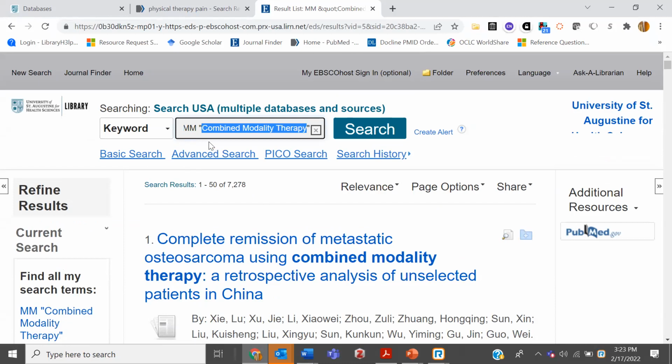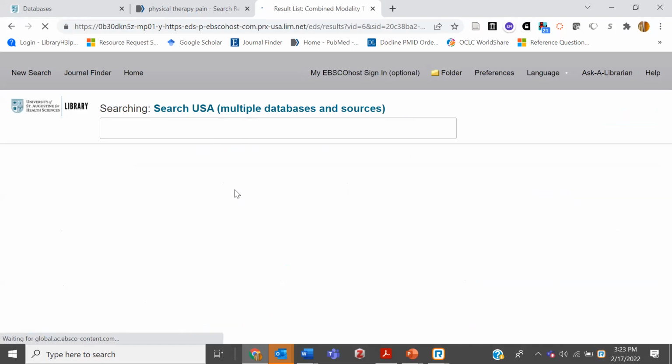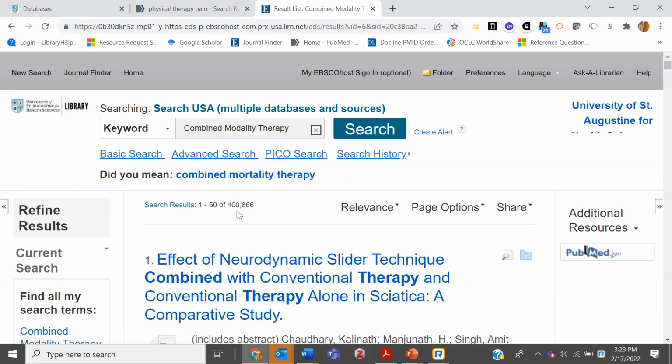So just to contrast that, with that subject heading and that phrase, we've got some 7,000 results, right? If I were to cut out those keywords and do the same search where I'm not specifying that I'm looking at those subject headings specifically, that was the MM and the quotation marks, I can just search for that set of keywords, and instead of 7,000 results, I get back to something like 400,000, right?